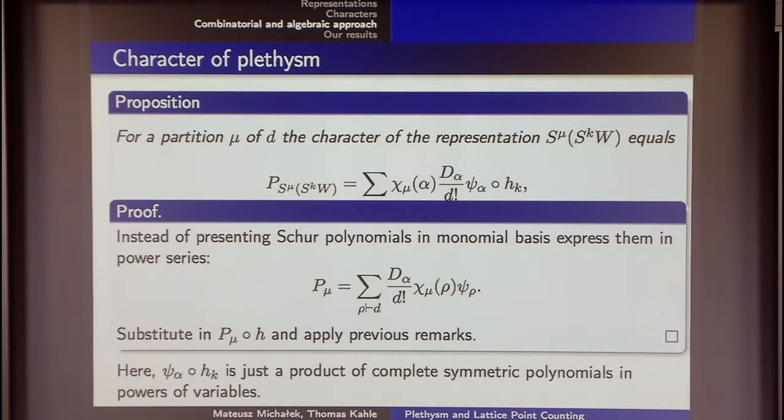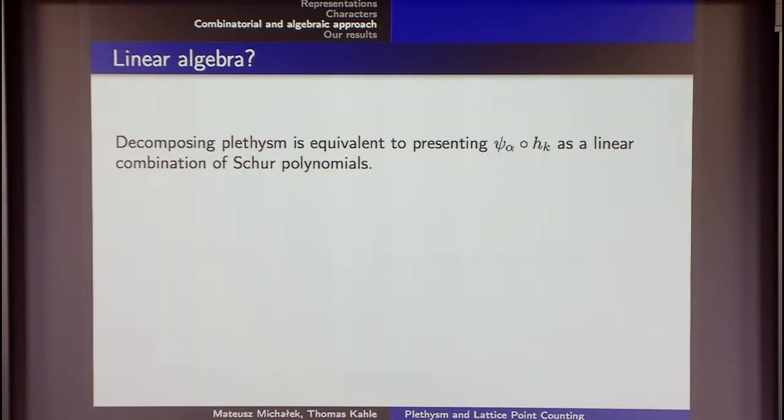Great. So at this point, when I learned it from Laurent, I thought the game is over for plethysm. We know the character, so we know the polynomial. What's the problem? I mean, we just reduced a very complicated problem to a problem in linear algebra.